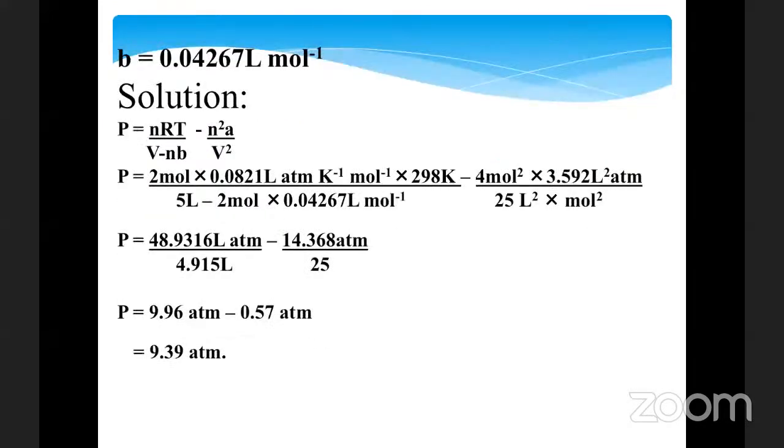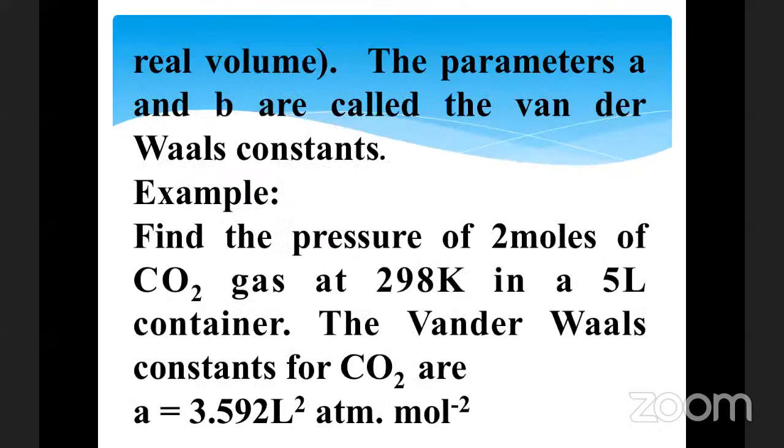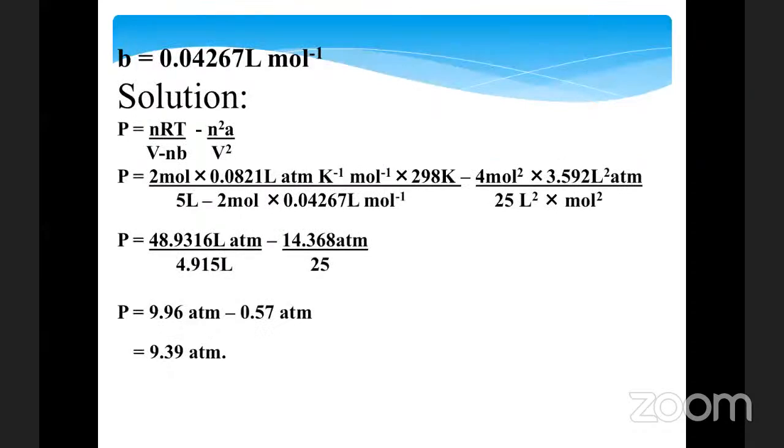That is our a. b is equal to, for CO2, 0.04267 liter per mole. Liter per mole, because we are dealing with V minus nb. n is the number of moles of gas, while V has the liter. So that's how you get the units.